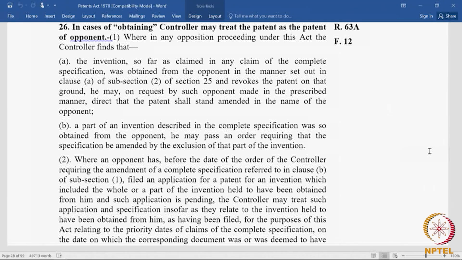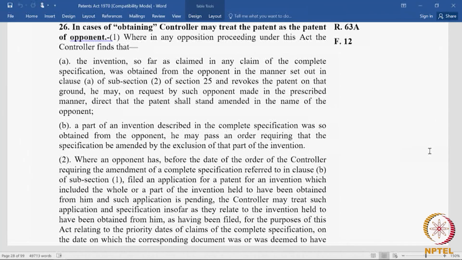The issue of substitution of name does not come at the application stage, because there is no granted right, there is nothing to substitute one person's name to another. So, that is why the reference in section 26 is to 25(2)(a) and not to 25(1)(a).